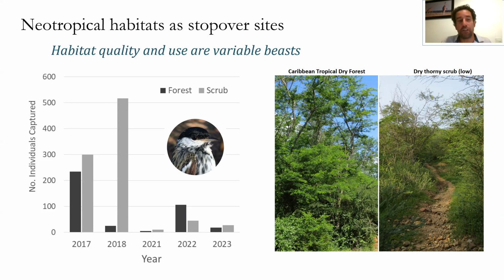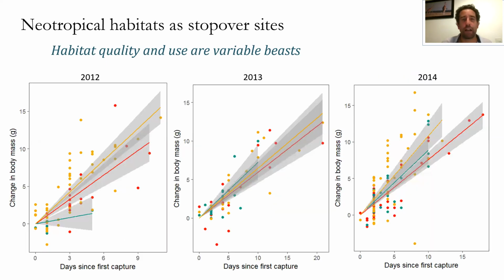And then after the first 2 years, things got crazy. In the last couple of years with La Niña, when it seems that suitable conditions suddenly became much more widespread, the number of birds present on our sites was reduced. So really just a huge amount of variability going on. We find the same thing with the grey-cheeked thrushes, where we thought there was this very neat pattern with higher quality forest and fruit resources in particular for birds at lower elevations, decreasing at higher elevations in the Santa Marta Mountains.